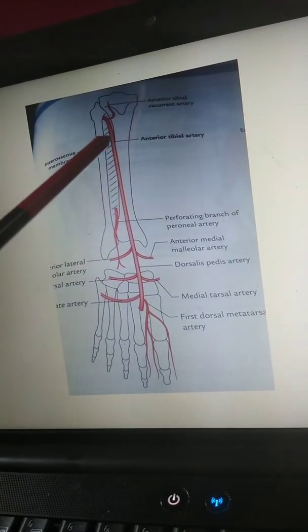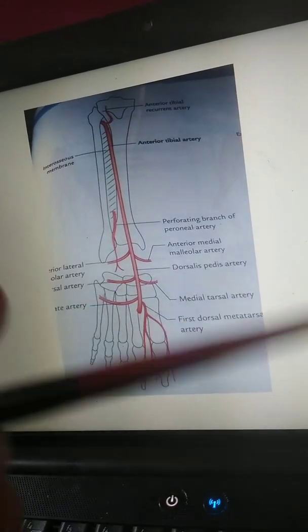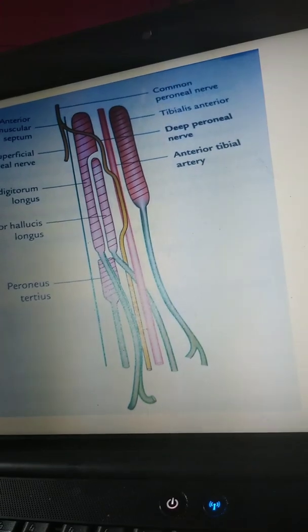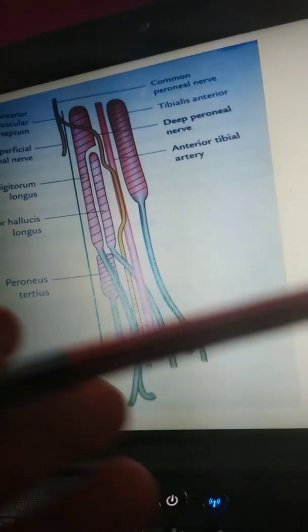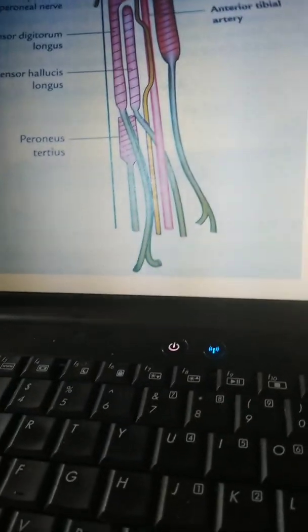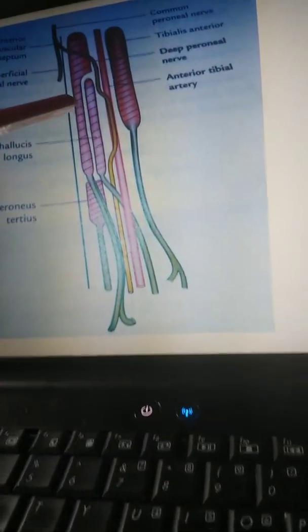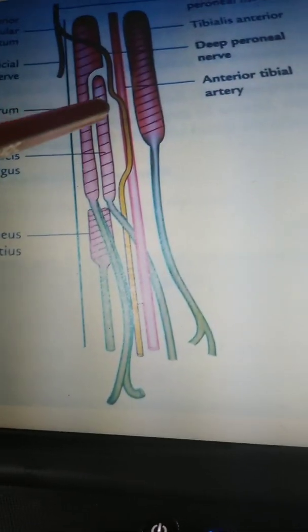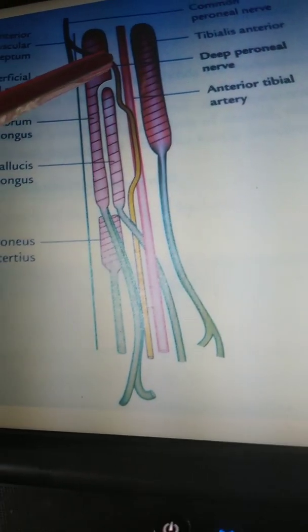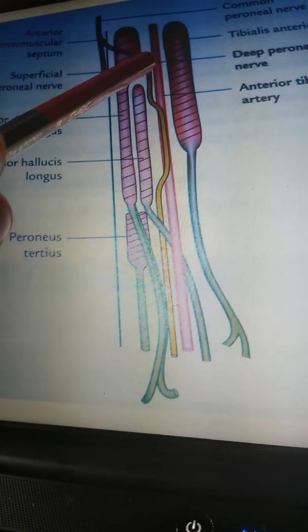In the upper 1/3 of the leg, the anterior tibial artery lies between the tibialis anterior and extensor digitorum longus.